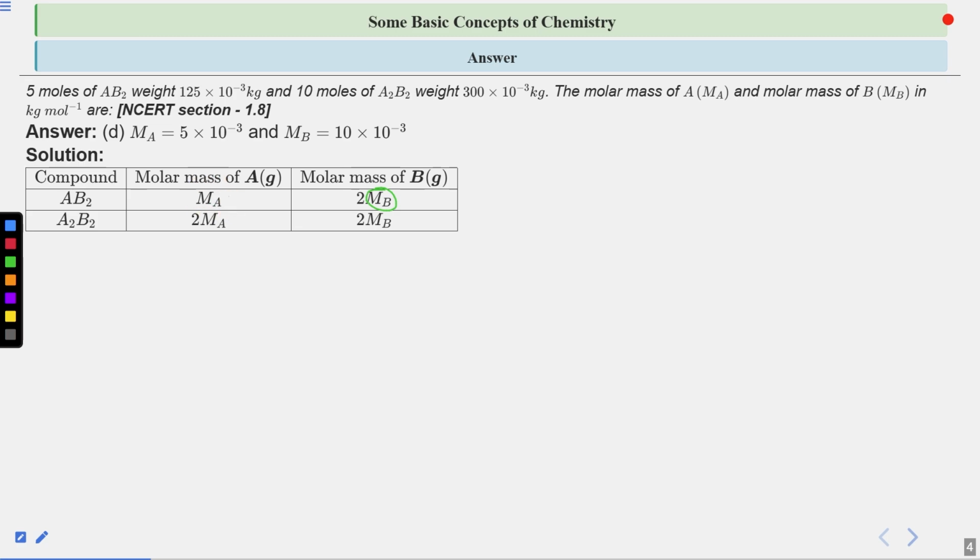It will be Ma. And what is the mass of B present in 1 mole of AB2? It will be 2Mb. But in the compound A2B2, we have 2 moles of A, therefore the total mass of A will be 2 into Ma and the total mass of B will be 2 into Mb.